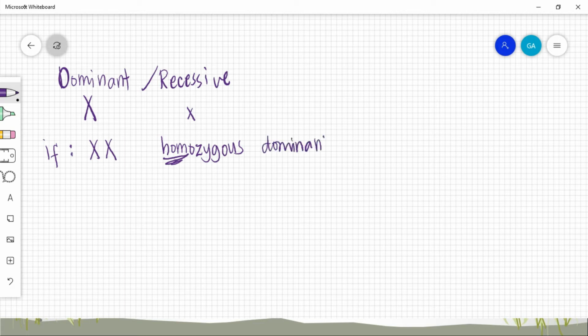Hindi yan lahat ng capital letter homozygous dominant, no. A dominant trait can be replaced by any other traits. For example, tall, short. This is just a general term. Homozygous dominant trait. And if it is both small letters, homozygous pa din siya kasi nga pareho silang small letters. Okay, pero recessive na siya.